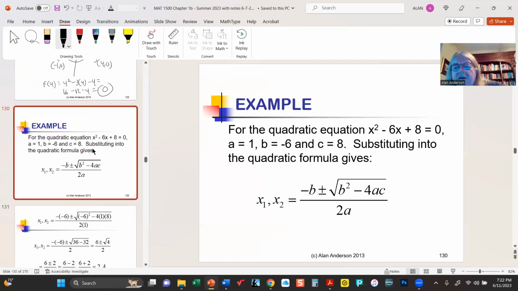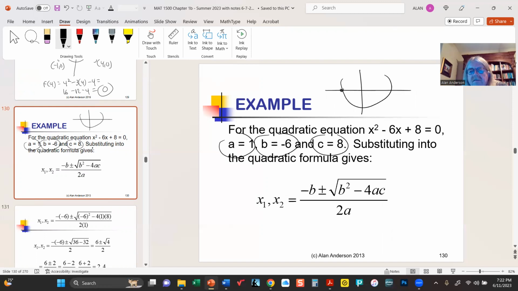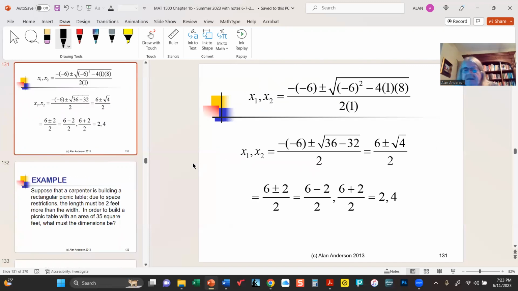All right, so now here a similar one. x squared minus 6x plus 8. So that means a is +1, b is -6, c is 8. We're looking for 2 points, whatever they are, where it crosses. I didn't draw that very well. And so we throw in the numbers and being careful. Now, of course, this first term is 6.